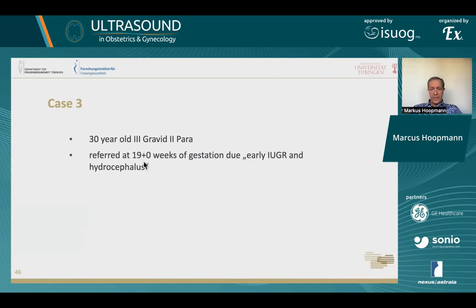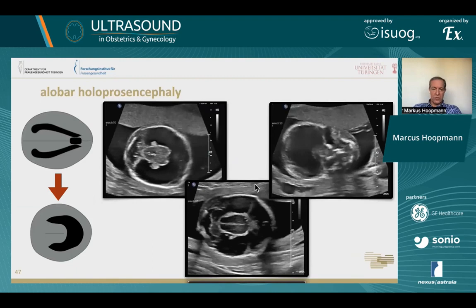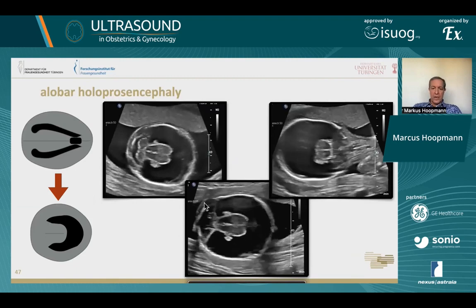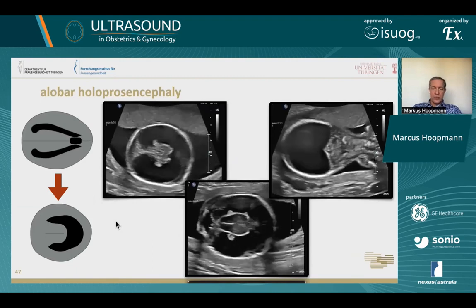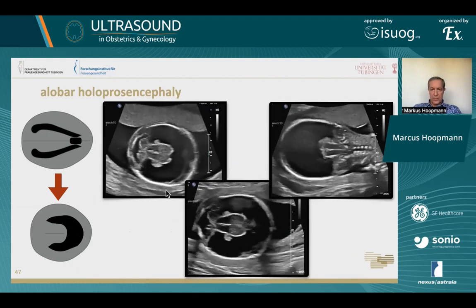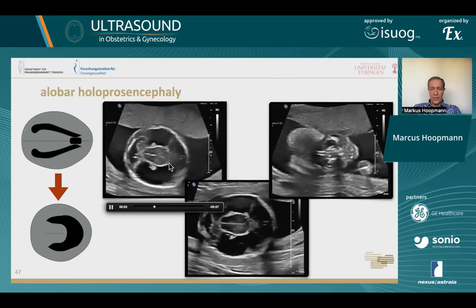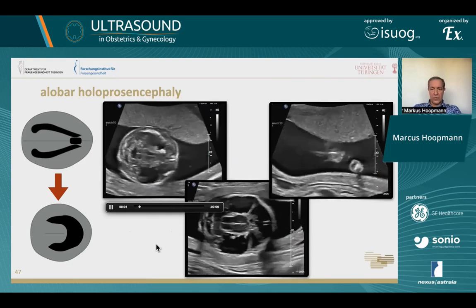Case 3. Now we are at the 20th week of gestation, and she was referred due to early IUGR and the suspicion of hydrocephalus. And when we look in the head of the baby, we see, no, it's not a hydrocephalus. What we see is this U-shaped ventricle, and we don't see a separation of the two halves of the brain, and this is an alobar holoprosencephaly.